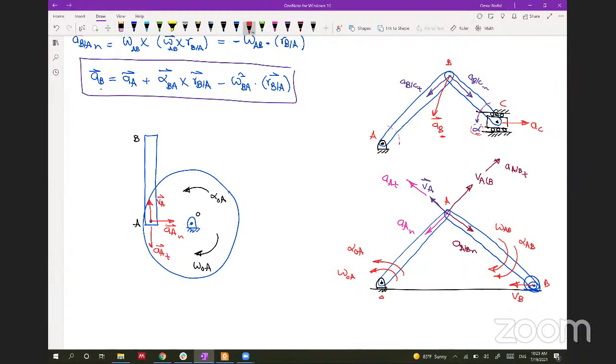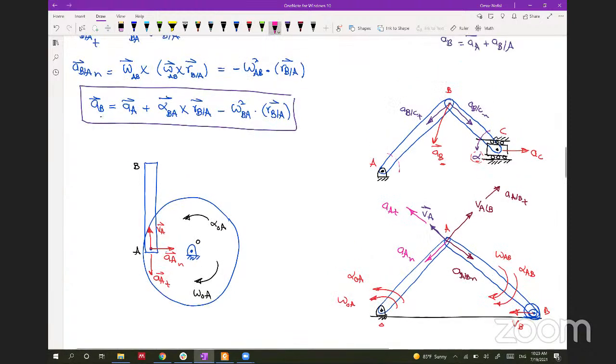So let's map the acceleration and velocity at B with respect to A. Sorry, VB with respect to A will be something like this, because the body is moving this way. And if you draw the vector RAB and do the cross product, you will find that VBA is in this direction.